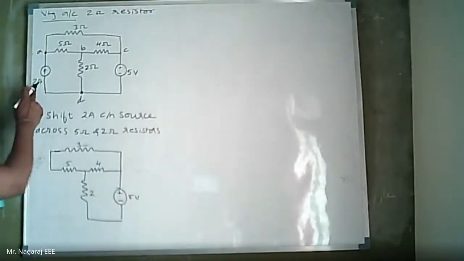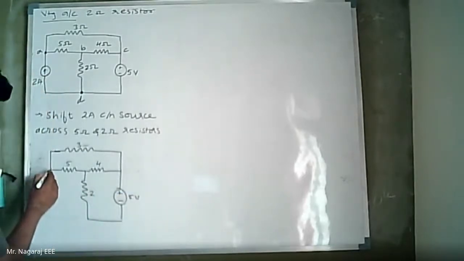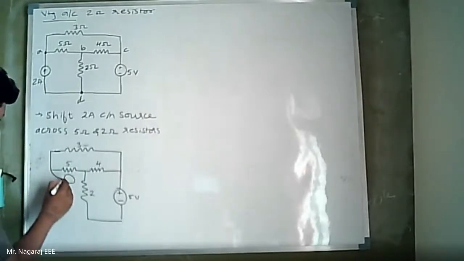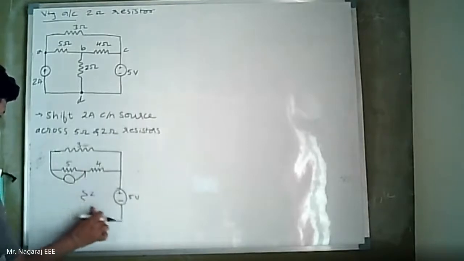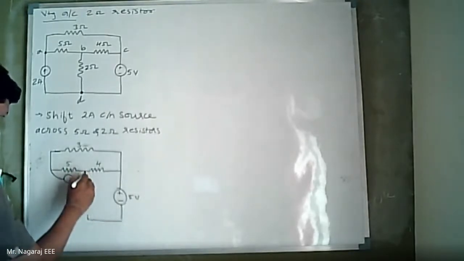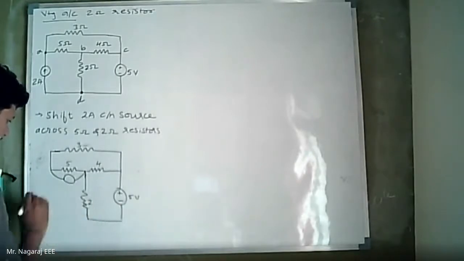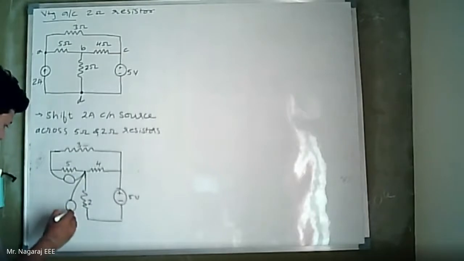Now current 2 amperes is entering. Now I have a current source across 5 ohm. And I have a current source across 2 ohm.